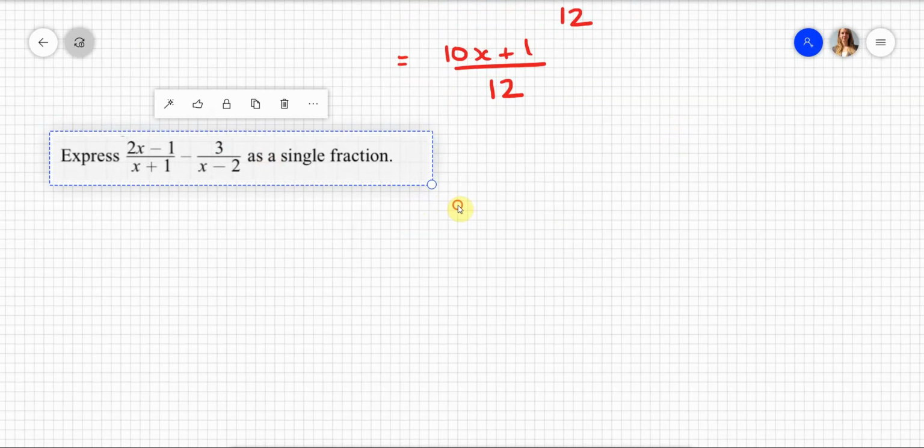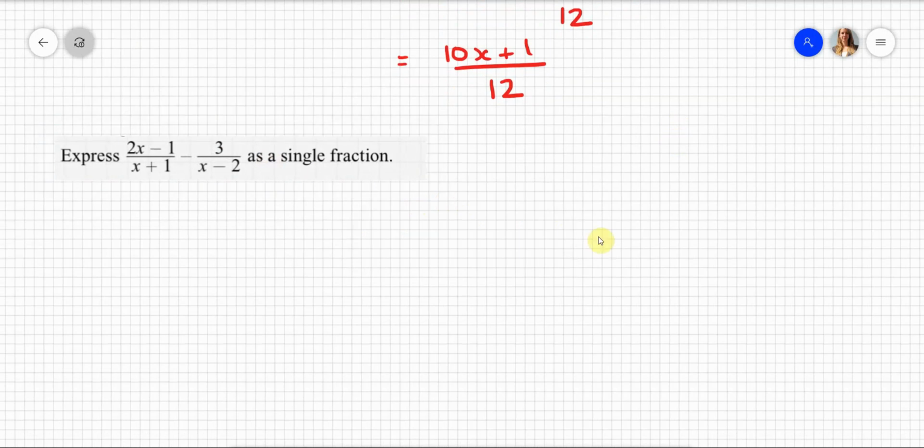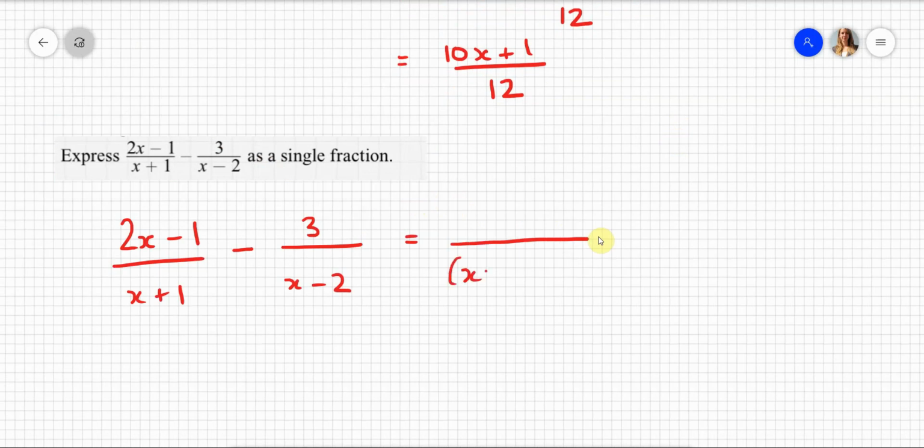So we want to express these two fractions as a single fraction. It is still going to be exactly the same concept. We're going to put them over a common denominator. The common denominator we want to put them over is x plus 1 into x minus 2.